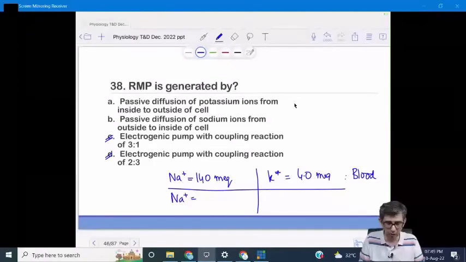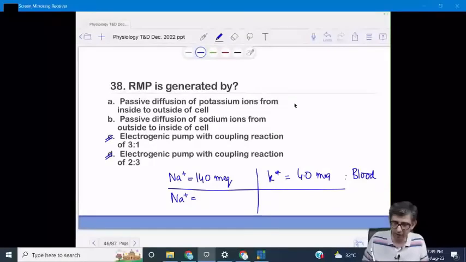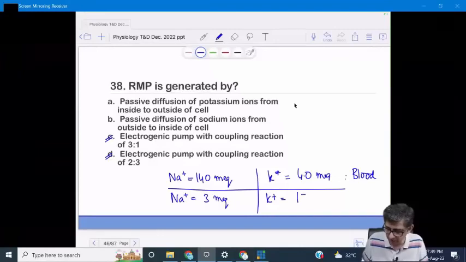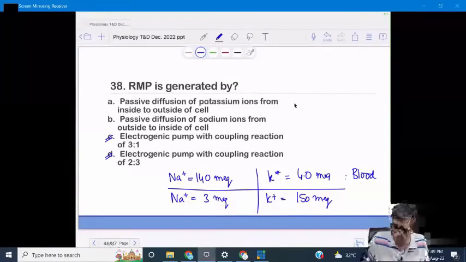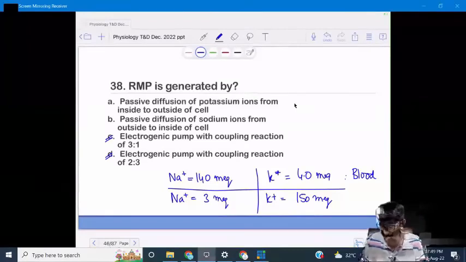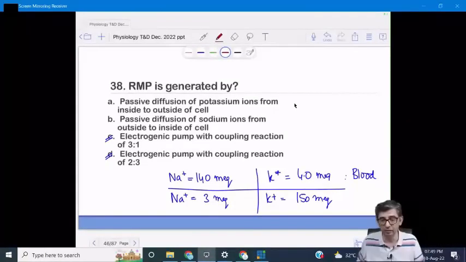How much is sodium present inside the cell? Intracellular, then sodium inside the cell is 3. And how much is gonna be potassium inside? How much is potassium inside the cells? It's gonna be something like 150. So one, I want to tell you the fact that there is very large amount of potassium inside the cells.